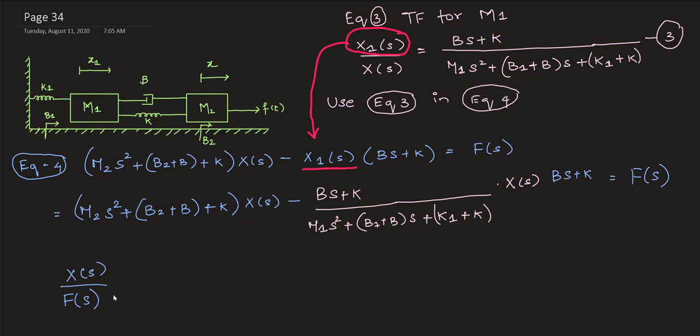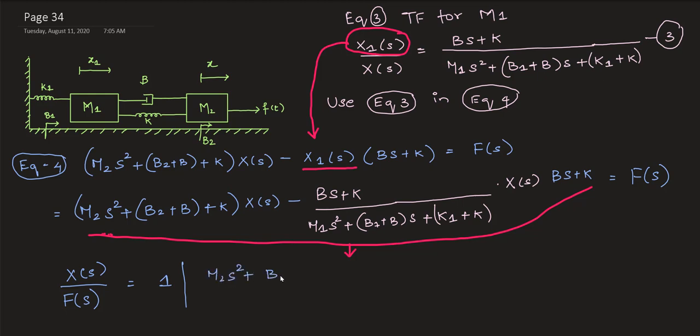And that is going to be your transfer function for this question. It can be further simplified by cross multiplications, taking LCMs, or cancelling common terms in numerators and denominators, but I leave it up to you because this is as good as your final answer.